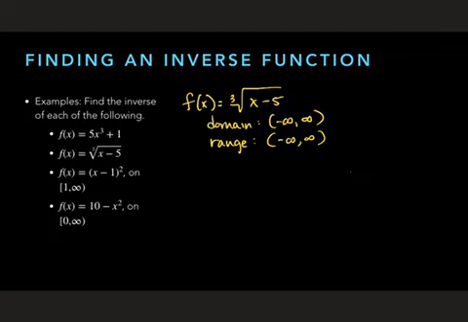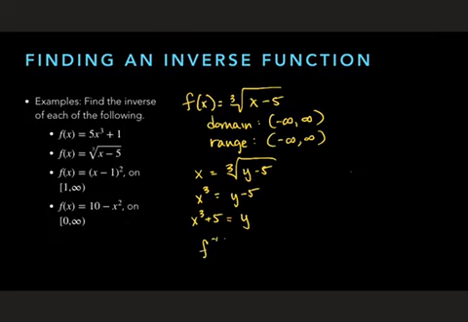And we just find the inverse the same way we did the other one. So swap our x and y's. To get rid of the cube root, we're going to cube both sides. So x cubed equals y minus 5. So y is x cubed plus 5, which means our inverse function is x cubed plus 5.